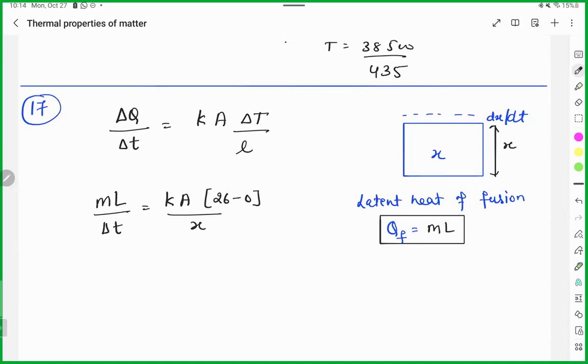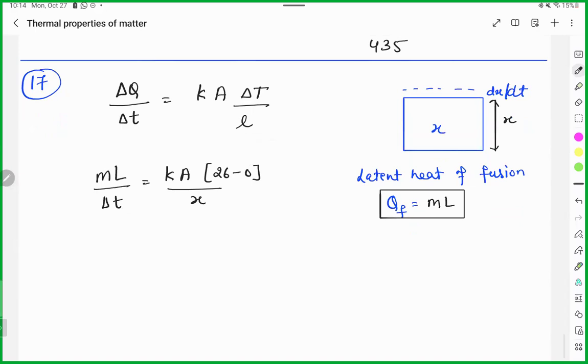Got it? Now, density is also given in this question. How to correlate with the density? You know density is equal to mass by volume. So what will be the mass value? Density into volume, correct? And what is volume? Area into dx, because volume is changing and area is fixed.